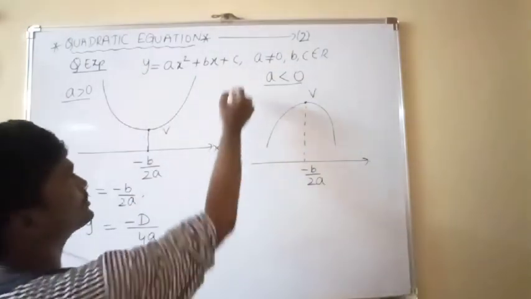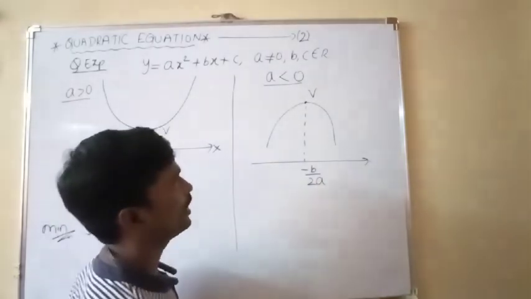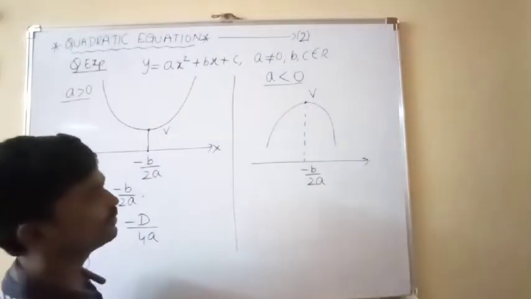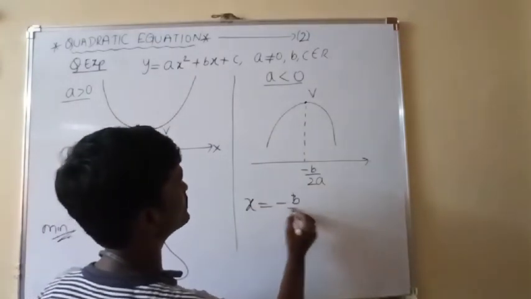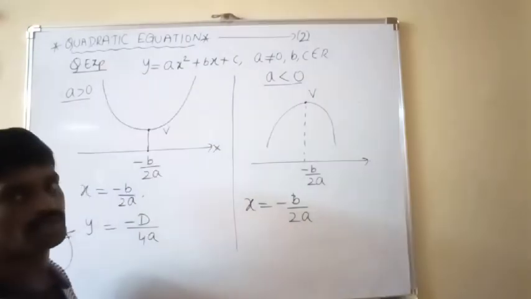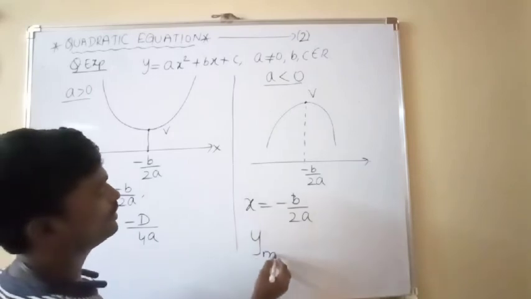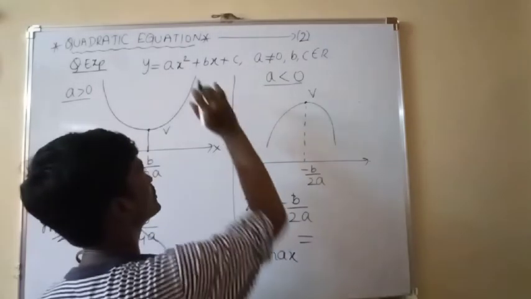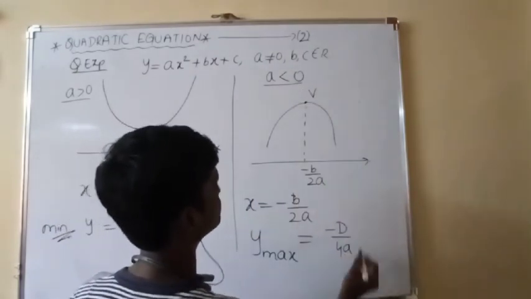Next, when a is negative, it is a downward parabola. At the vertex, it has maximum height. That means when x is equal to minus b by 2a, the function has its maximum value.